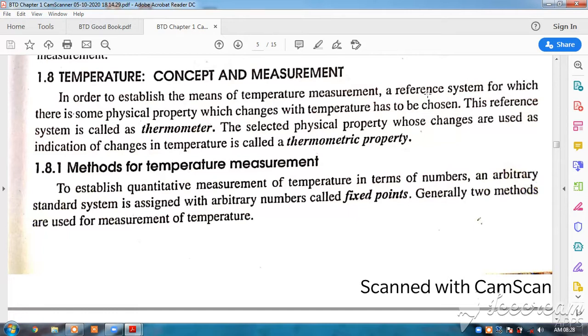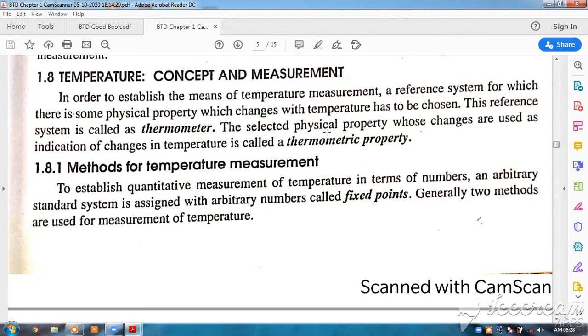As we will see in the mercury in glass thermometer, due to the heat or temperature, the mercury expands. So this is the physical property, that is, the volume of the mercury is increasing, or it is rising due to the change in temperature, and we call that unit a thermometer.